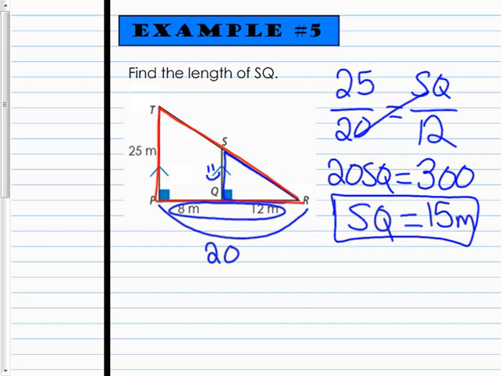Okay? And that makes sense because obviously SQ is smaller than TP. So if you were to get a larger answer like 35, well, it wouldn't make sense for SQ to be 35 because it clearly fits inside of the bigger triangle, and the bigger triangle only has a leg of 35. Okay, so that's one way you can help yourself make sure that you know exactly what you're doing.